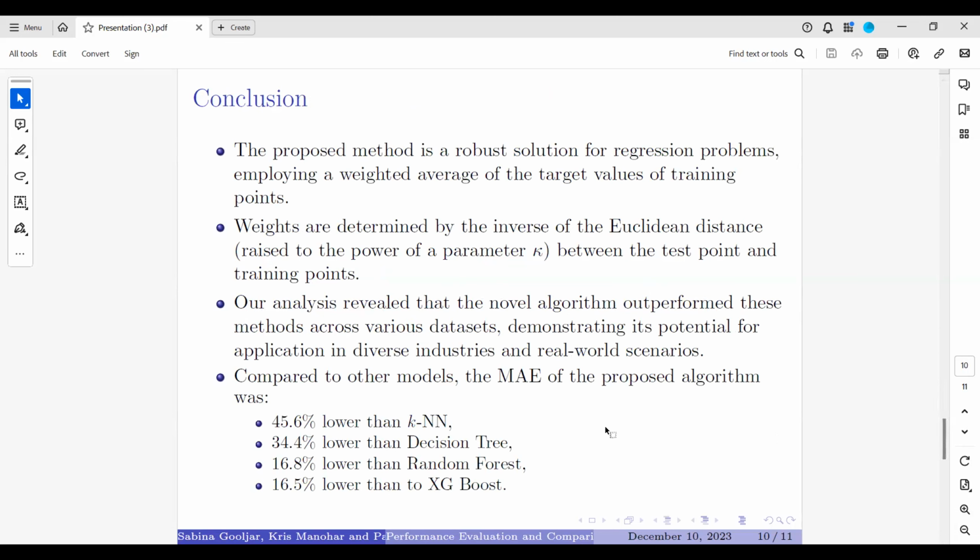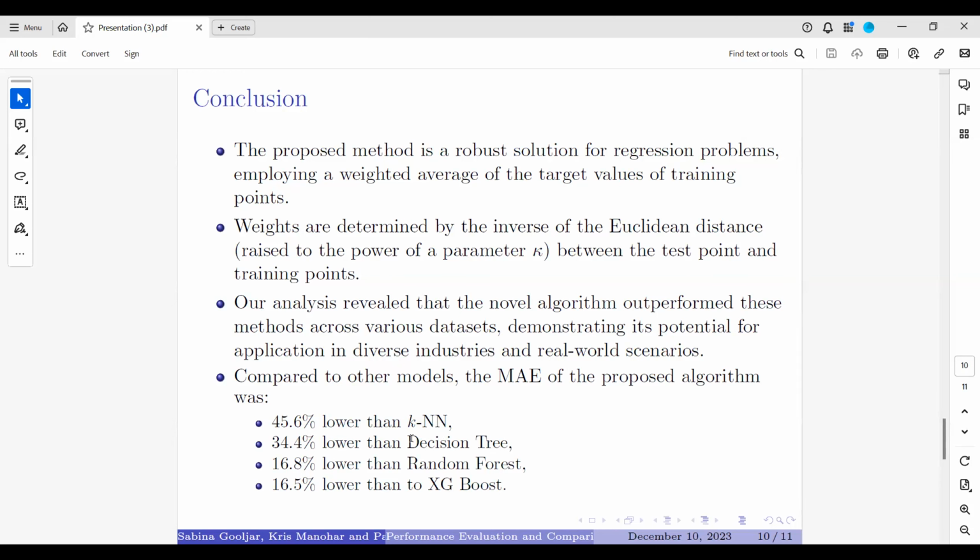So in this, we compared the five regression models, using the weighted average, and we see that it outperformed all the other algorithms over the various data sets, which demonstrates its potential for application in other industries and real-world scenarios.